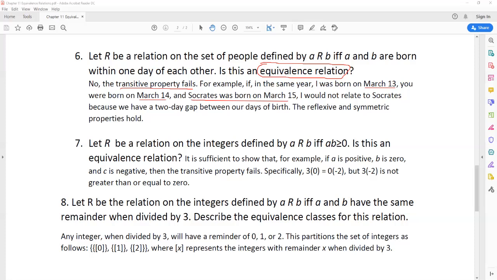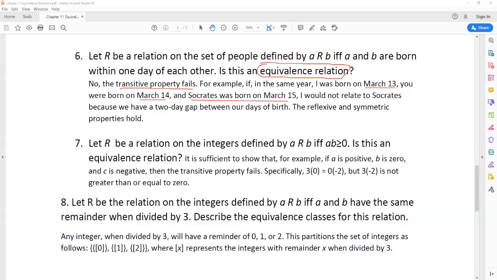Well, I would relate to you because we are within a day of one another. And you and Socrates would relate to each other because you are also born within a day of each other. But the problem is me and Socrates, because Socrates and I would have a 2-day gap between our days of birth.